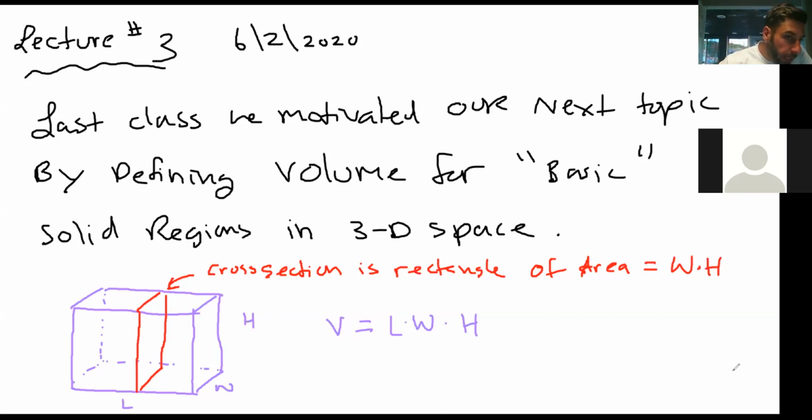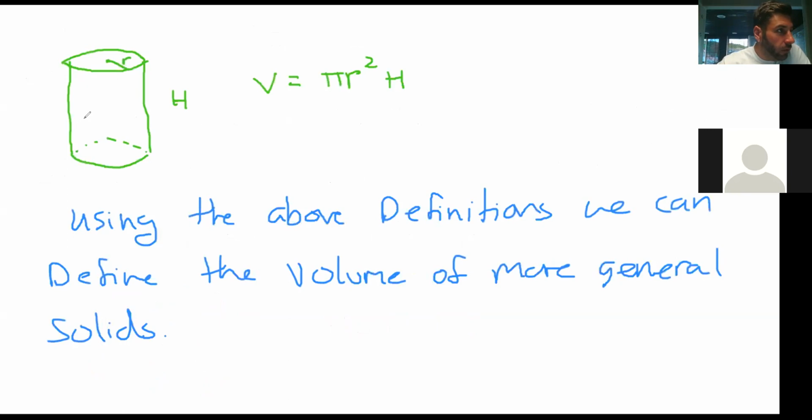If I go to the next page and I look at this cylinder, instead of taking a vertical slice, what if I took a horizontal slice, sliced perpendicular to the side or parallel to the base? Then I get this slice.